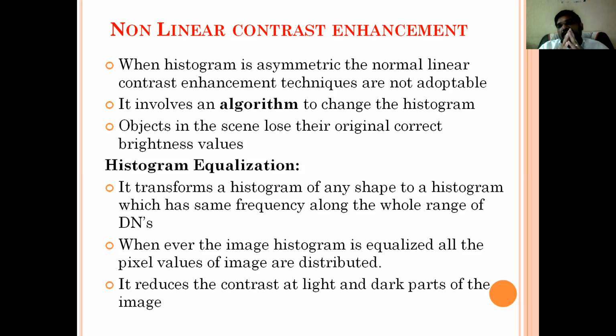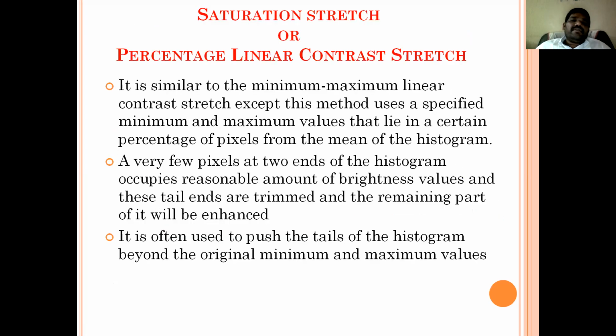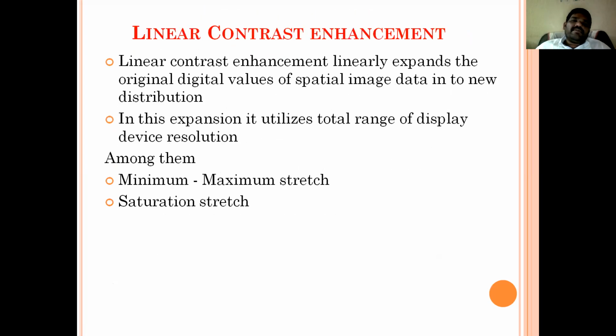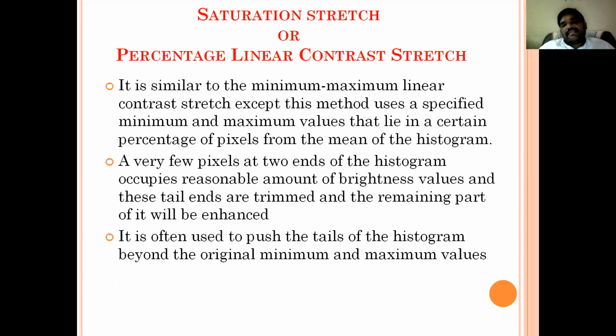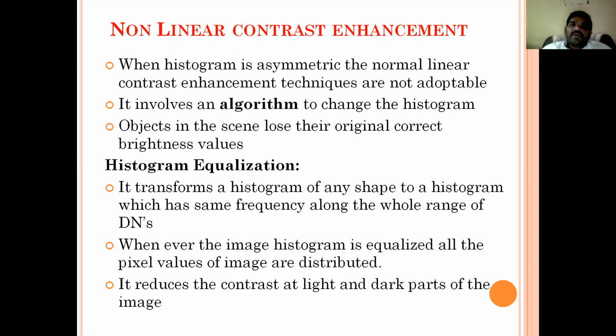Under this nonlinear contrast enhancement, we are discussing two categories: histogram equalization and reference stretch. There we have seen minimum and maximum stretch, and the second one is saturation stretch. And here we are discussing two more. One is histogram equalization, followed by a reference stretch.